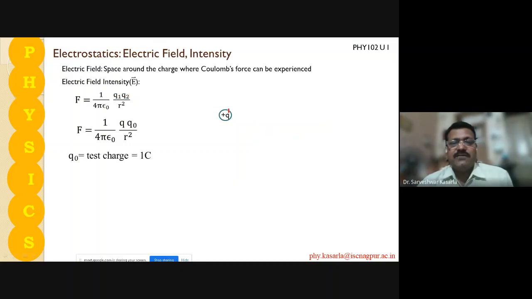If there is a charge Q, then surrounding this charge, if you put some test charge somewhere, the force experienced by this test charge will be equal to this much. And if Q0 is a test charge of say 1 coulomb, then the force will be 1 upon 4 pi epsilon 0 Q upon R square, because Q0 is equal to 1.